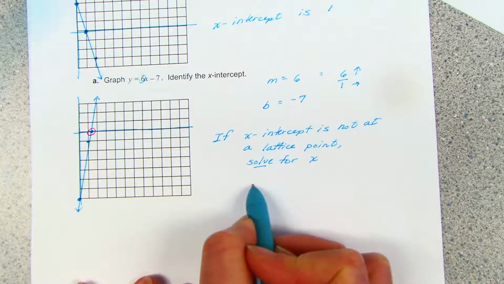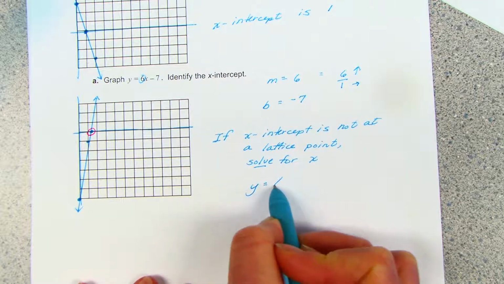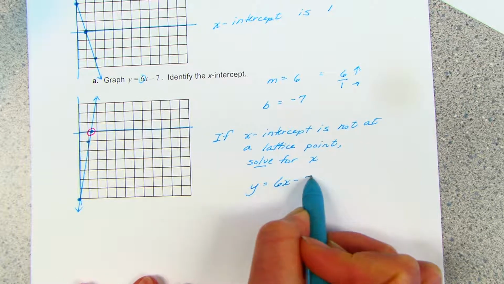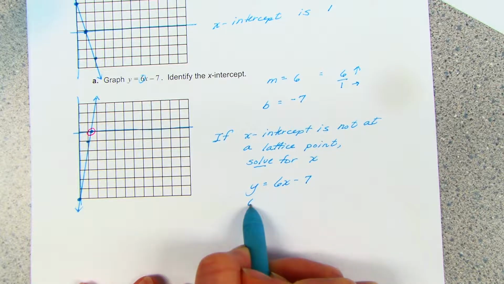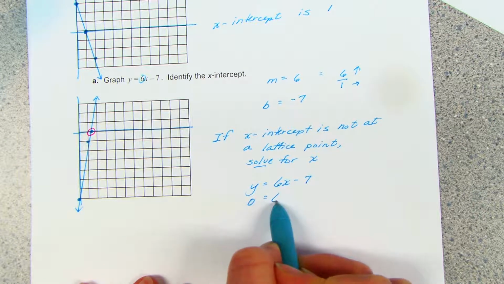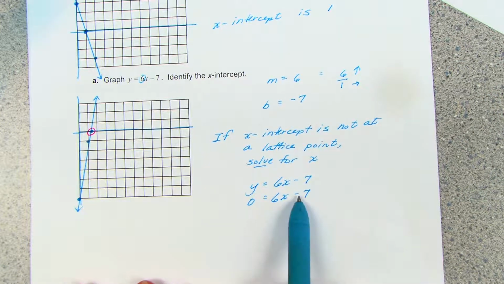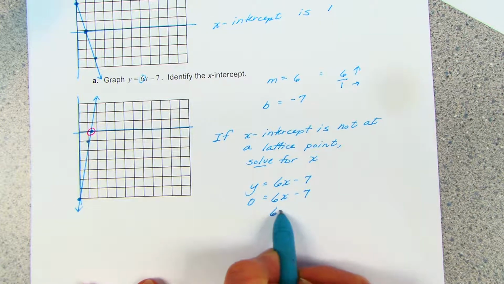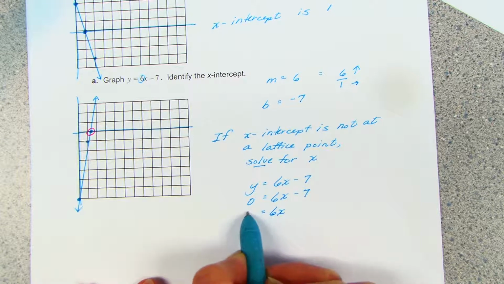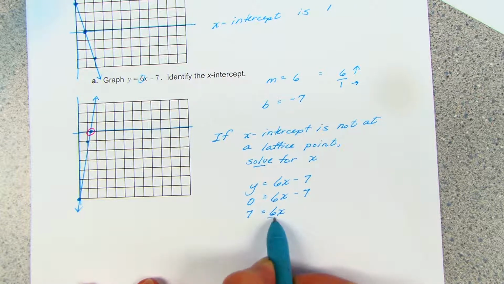So let's go ahead and take our equation. y equals 6x minus 7. The y is 0. Right? I'm going to add 7 to both sides. And then I'm going to divide both sides by 6.